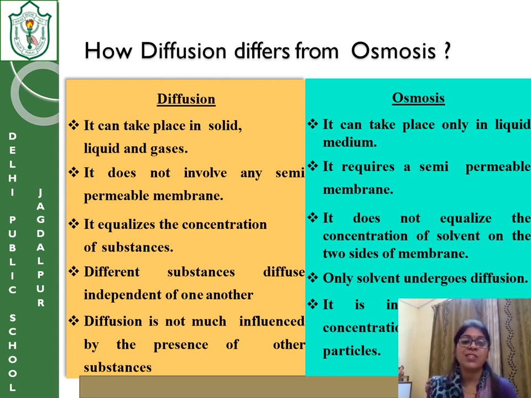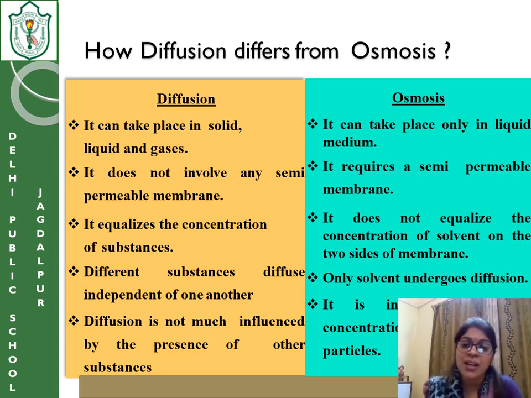After a few hours we see that the water level inside the groove has crossed above the pin. What does it show? The water concentration was lower inside the groove because the solute particles were more, and the water concentration outside the potato was more. So osmosis took place from the outside environment to the inside of the groove.